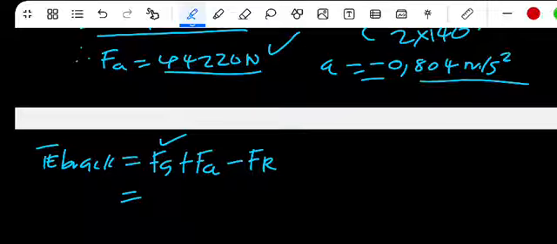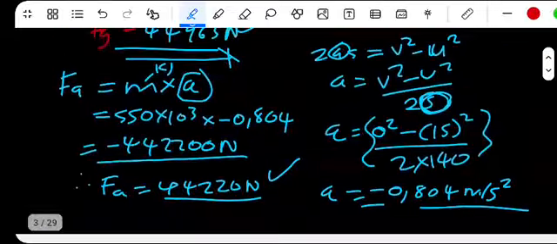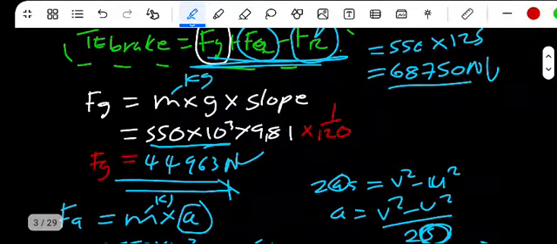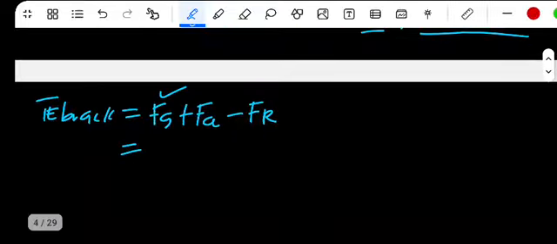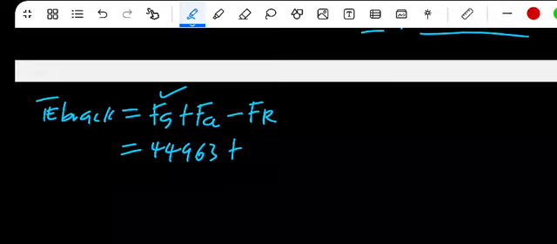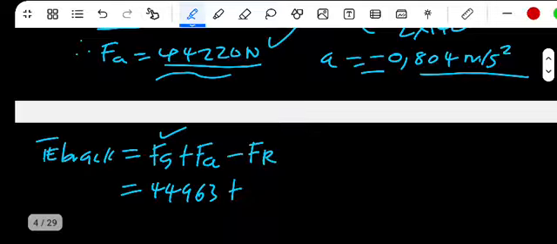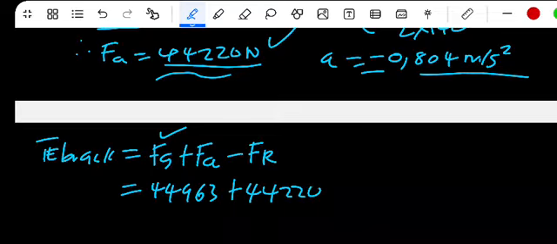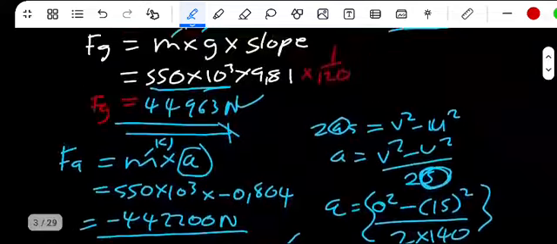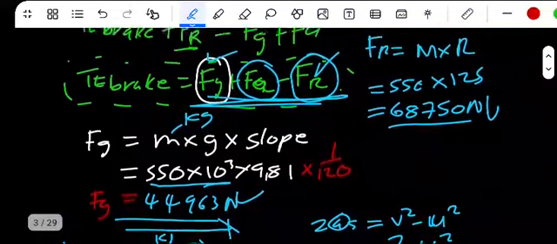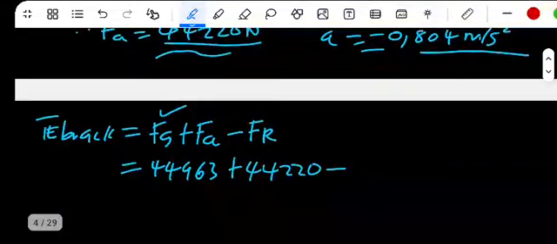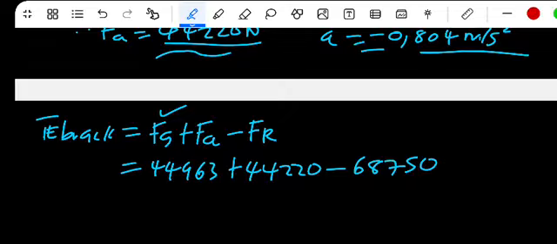I'll add FG, which is here, 44963, plus the accelerating force, 44220, minus the rolling resistance, 68750.